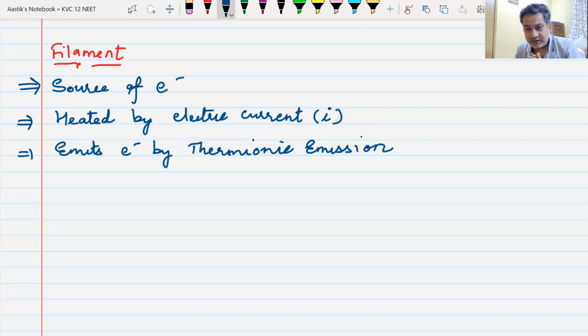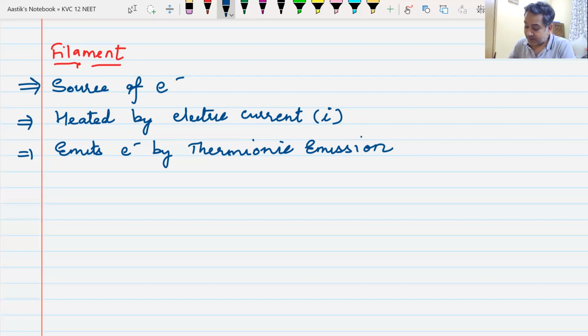The other way to give them energy is by heating the metal. If we heat certain metals, the electrons can get sufficient energy and move free. That is known as thermionic emission. Do we understand this? Thermionic emission is by heating. This is the work of the filament.